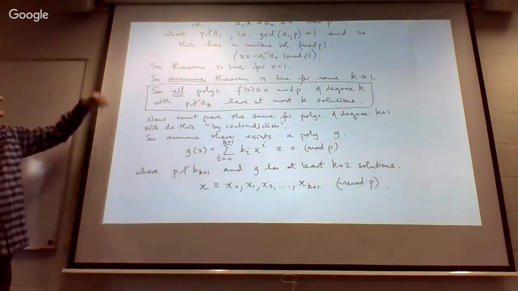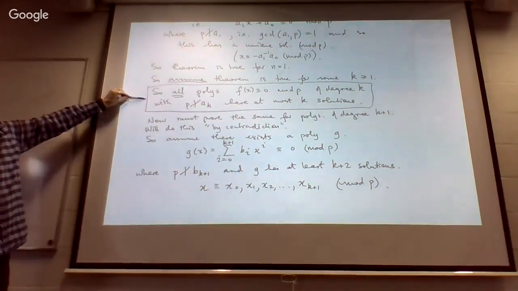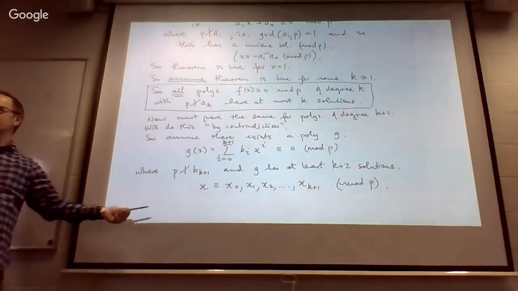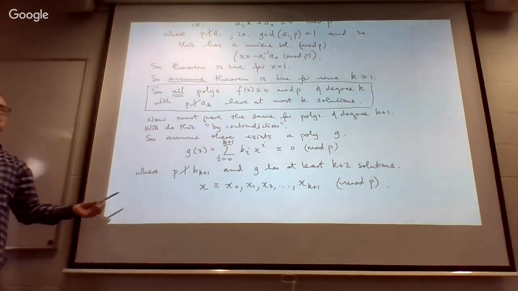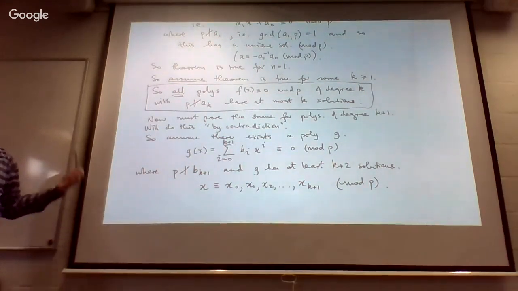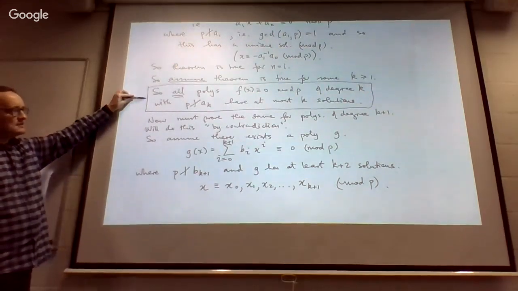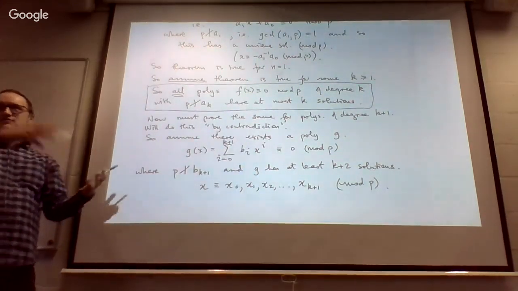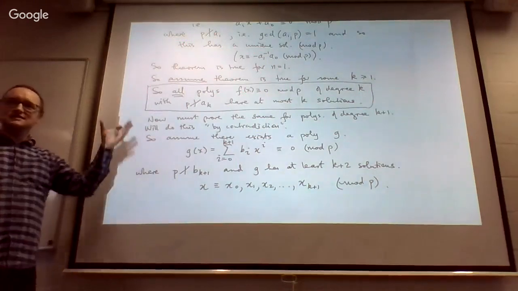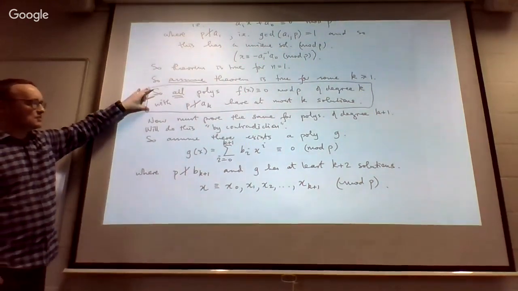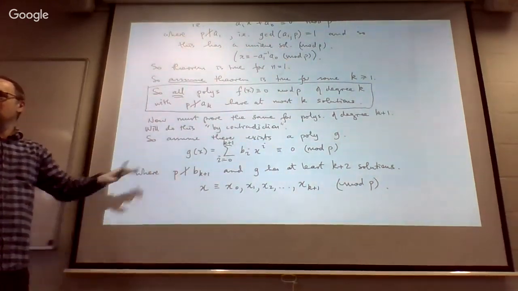And that will show that the statement in the blue box implies there does not exist any bad polynomial. We're going to show the existence of a bad polynomial implies that this statement here is false. The contrapositive of that, which we want, is the induction step: this statement in the blue box implies there are no bad polynomials.